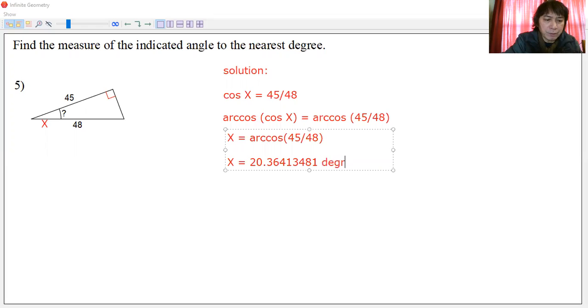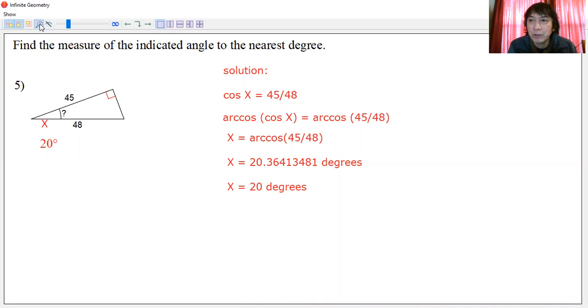This will be in degrees, and X is rounded to 20. Let's verify. Yes, it's 20 degrees.